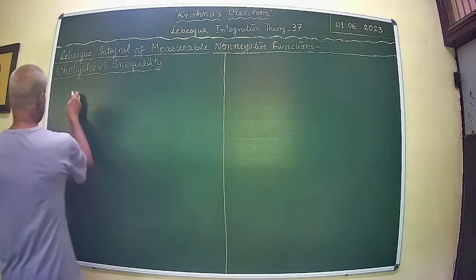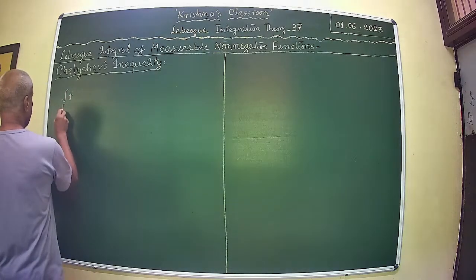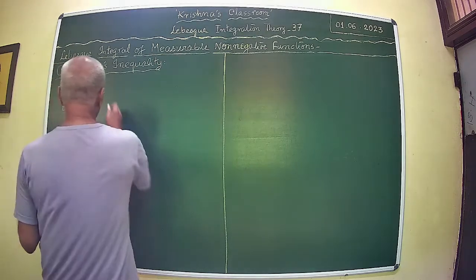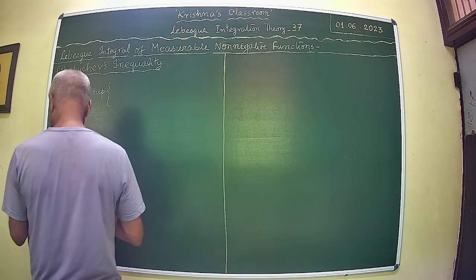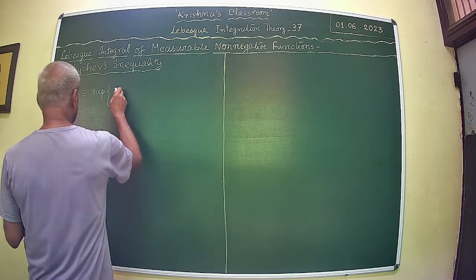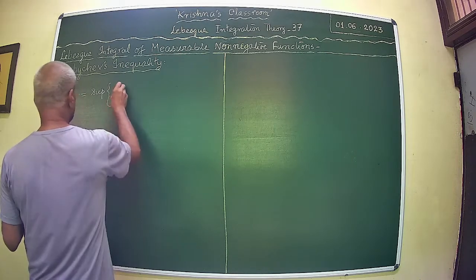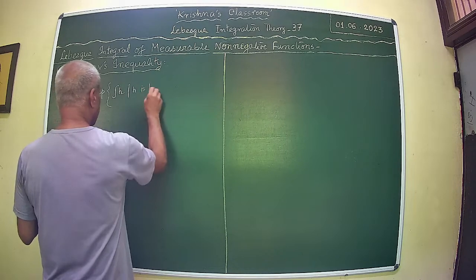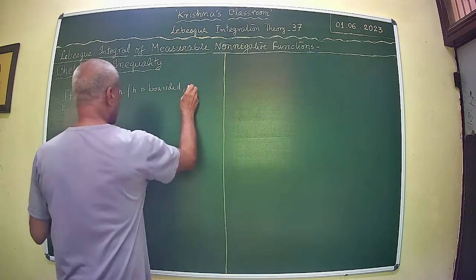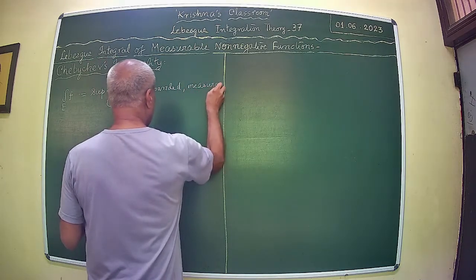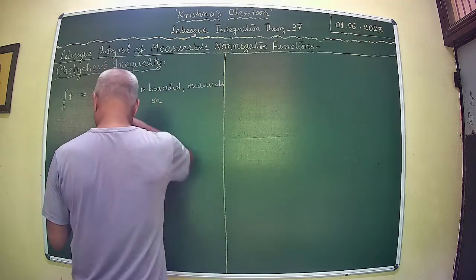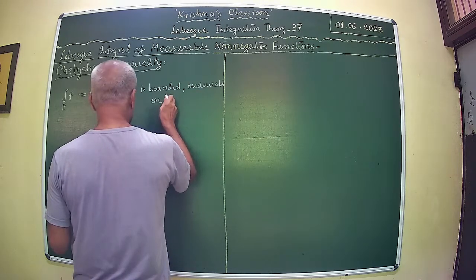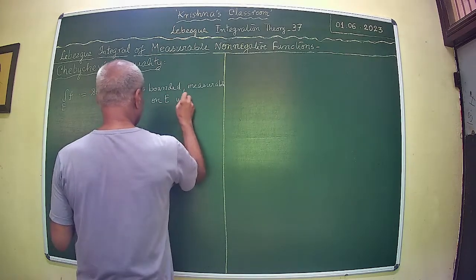We had defined the integral of f over E as the supremum of the integral of h, where h is bounded measurable on E with finite support.